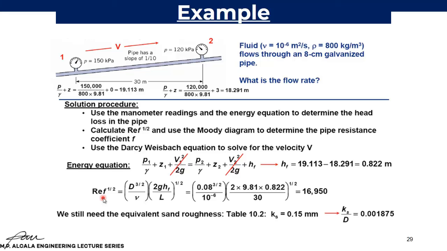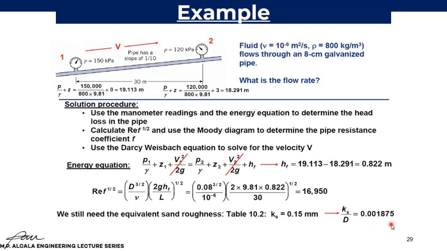The Reynolds number multiplied by the friction factor will give us a value of 16,950, with the relative roughness of 0.15 millimeters. So, that will be 0.15 divided by the diameter of the pipe, which is 8 centimeters or 0.08 meters.